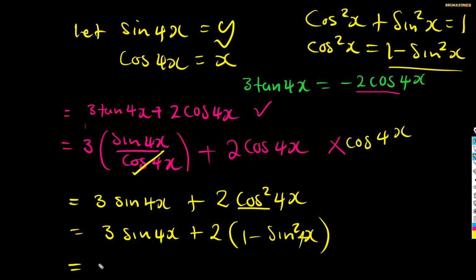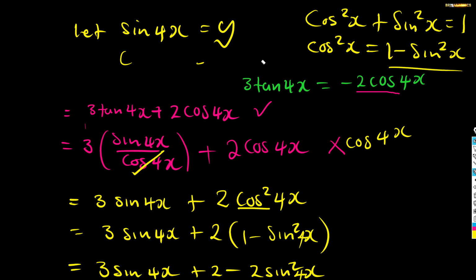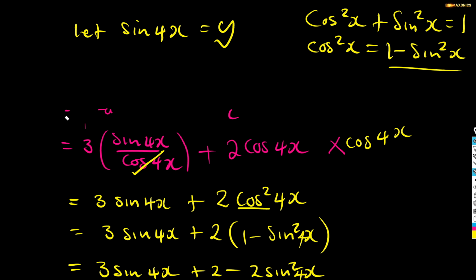We can come down here and say 3 sine of 4x, and then we're multiplying inside. We are getting plus 2 minus 2 sine squared 4x, you know. So now we're in a good direction, because we can let our sine 4x equal y and try to solve for y. What about that, you know?